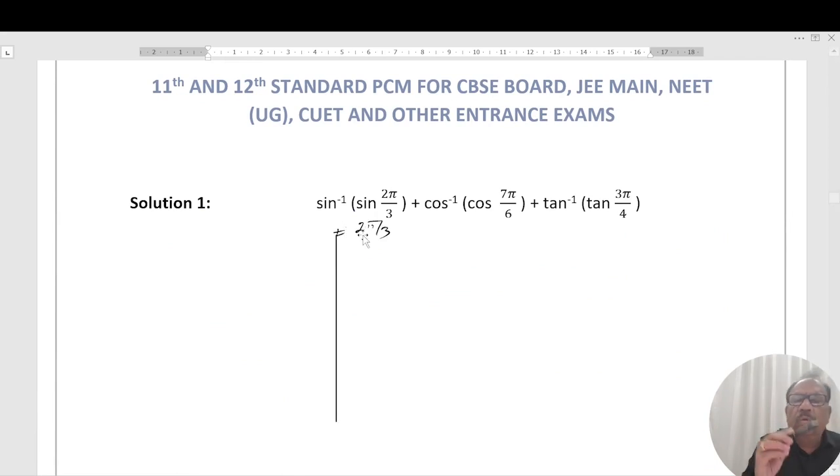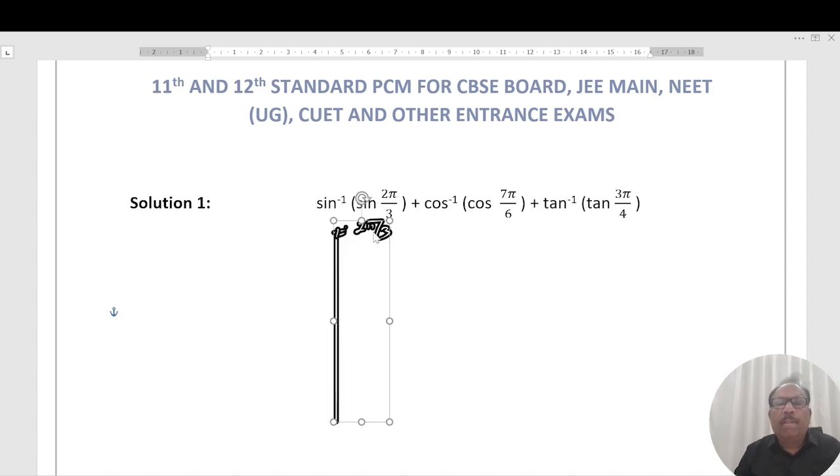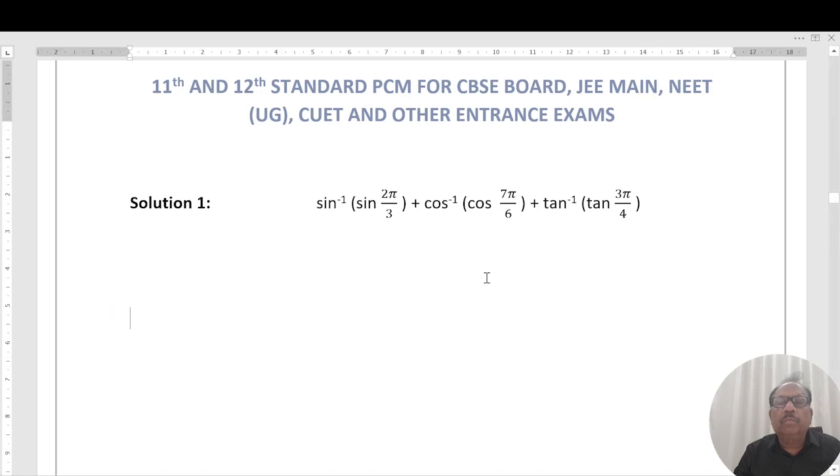In this case, this is not equal to 2 pi by 3, as 2 pi by 3 does not belong to minus pi by 2 to pi by 2.